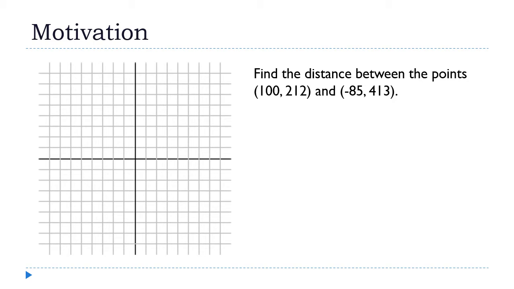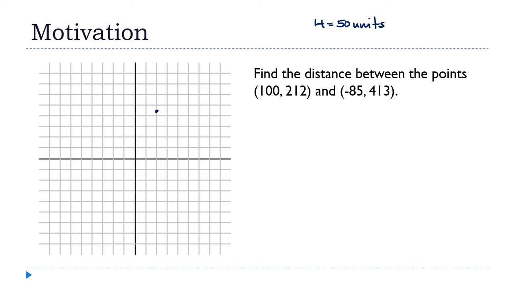So first, I need to graph these points, and obviously, I don't want to let one grid mark be 1 unit, or I'd be over 100 units up to 212. So instead, let's let 1 grid mark be 50 units. Okay, so then 100 is over 2, and it's going to be up a little more than 4.